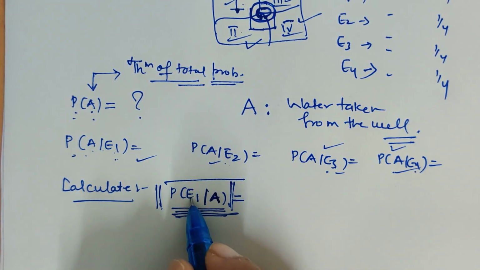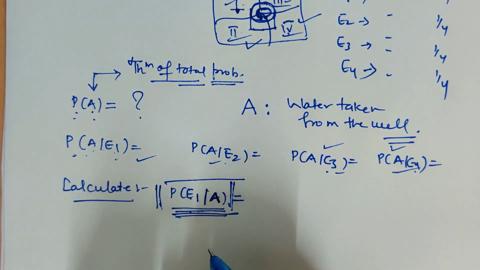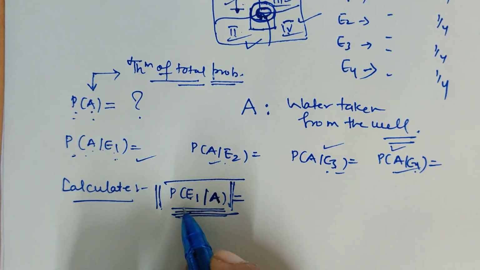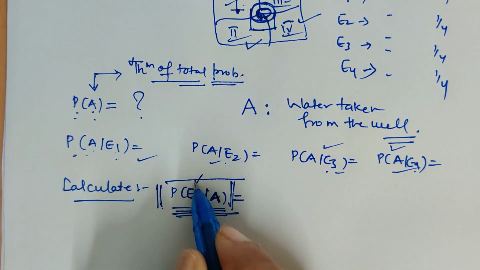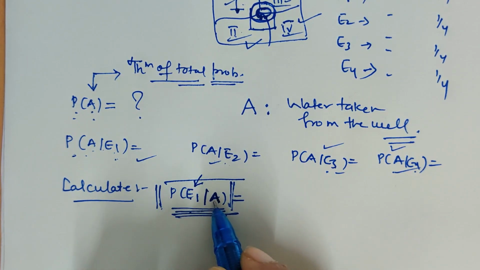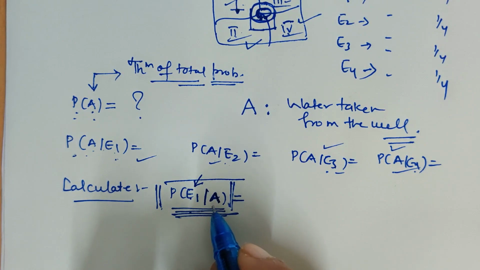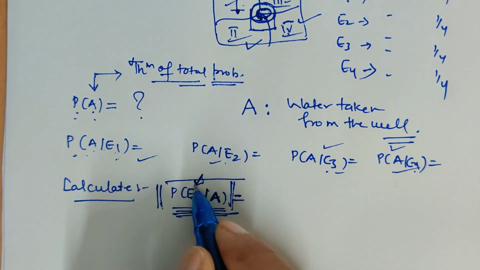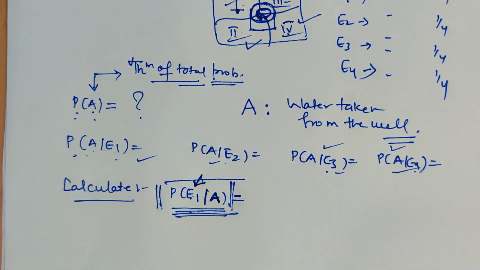So in the question the statement would be: find the probability that the water has been taken by the first house, given the fact that some water has been taken from the well.